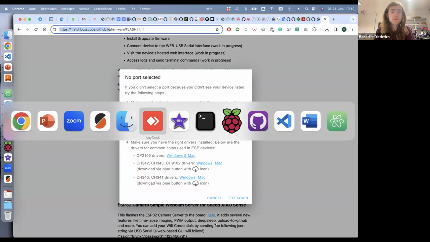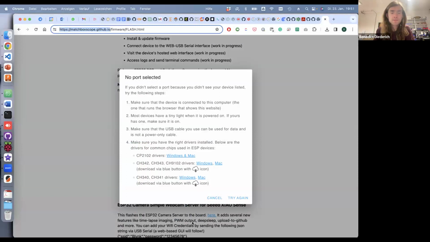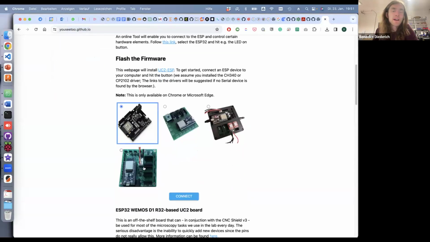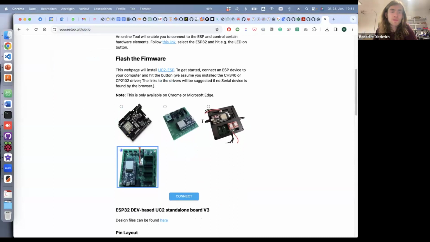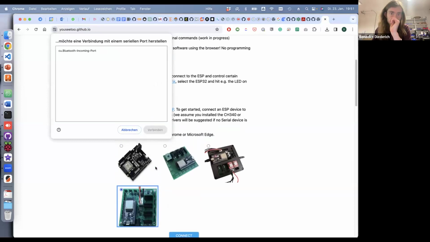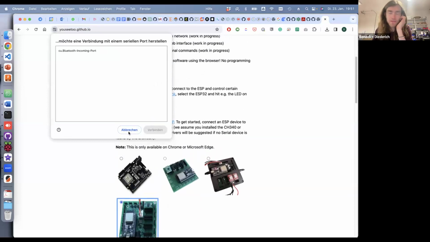And the other thing: if you want to control your microscope, we have this firmware. It's UC2 ESP. It's also open source. You can then flash your ESP with the firmware, connect the ports to your devices like motor and laser and stuff.